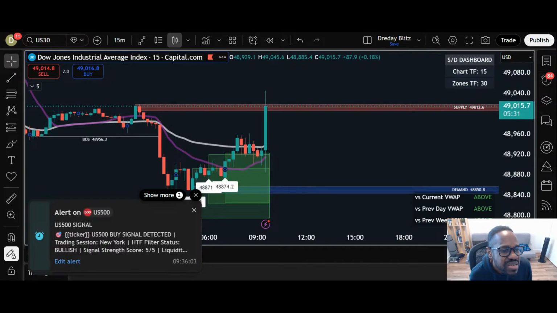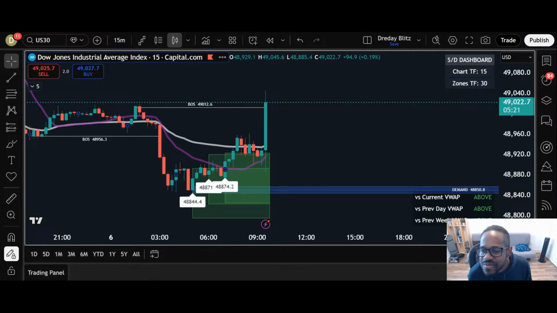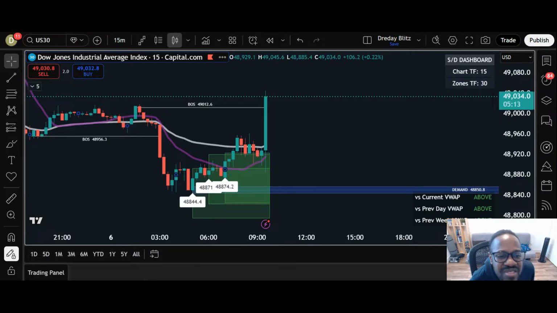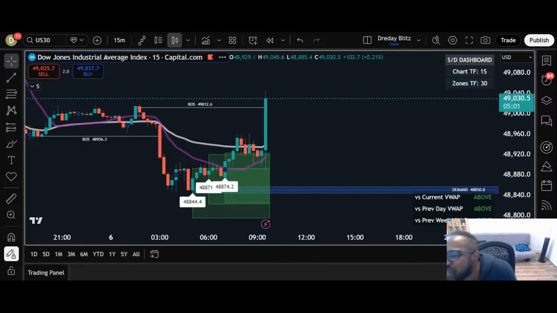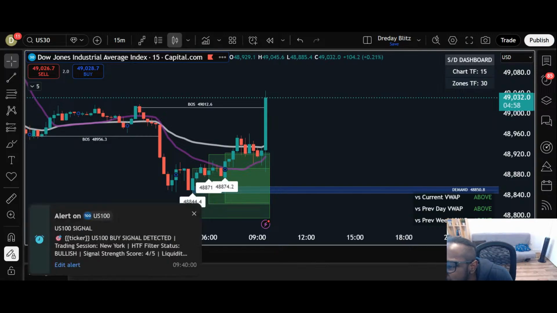So basically, this point is a break of structure. So I'm securing already $110. So if it goes back to my trailing, it's okay. We already secured that.